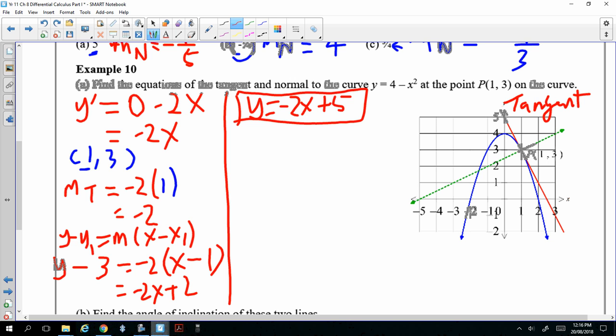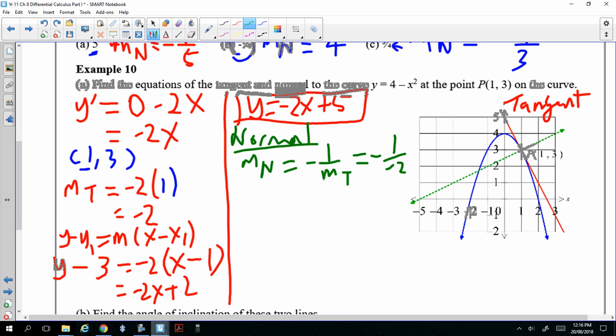Okay, get the idea? Okay, next one. Let's find the equation of the normal. To get the equation of the normal, first get the gradient of the normal. They're perpendicular, so it's -1/mt. So you get -1/-2, which is half.